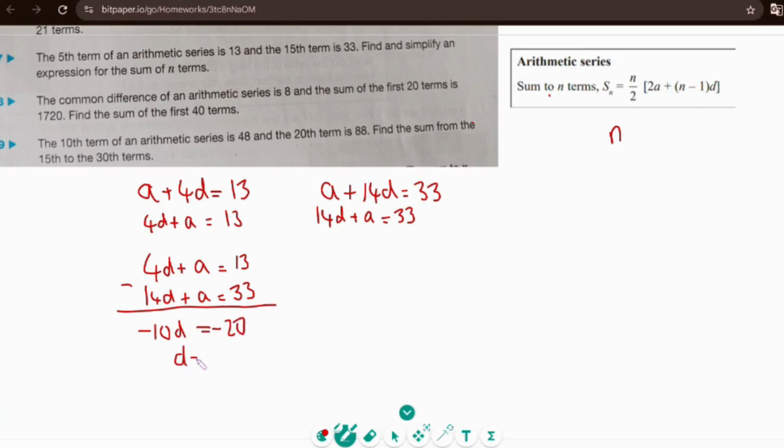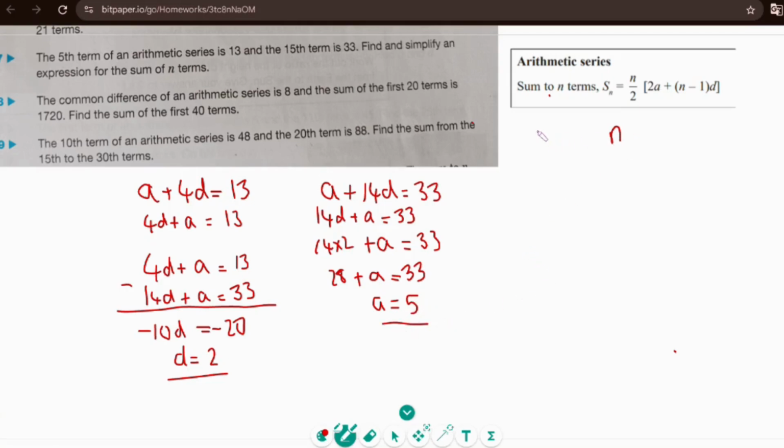Divide both sides by negative 10, gives us d is 2. I'm just going to sub it in here. Subtract 28 from both sides, gives us a is 5.